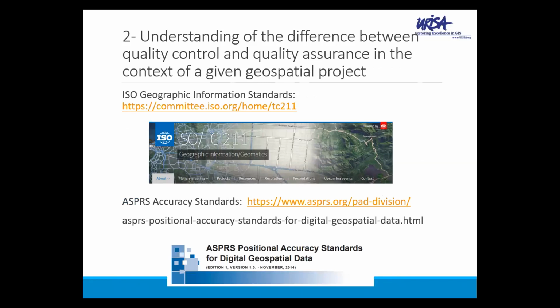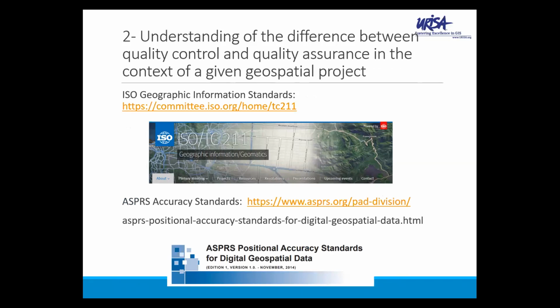Frequently, one looks for standards, again, for both spatial standards and attribute standards for different types of products. And again, I'm providing some information as to where to go to find those sorts of information.